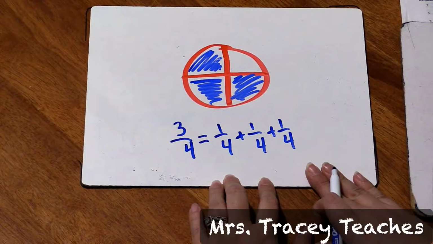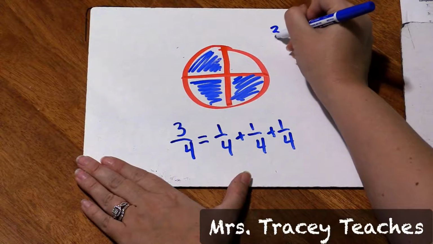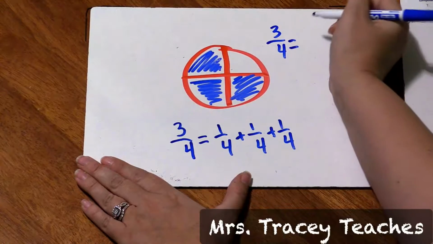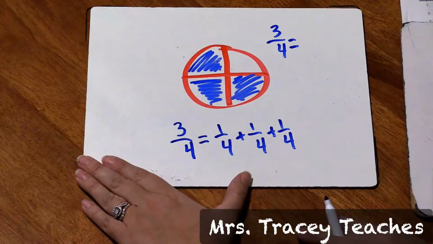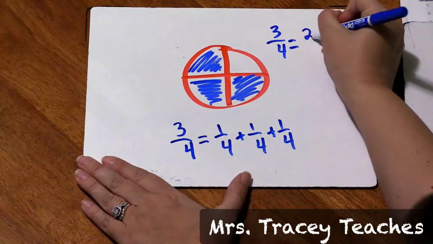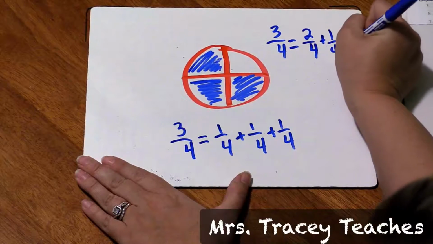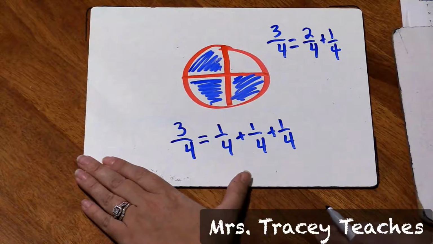But there are many other ways that we could also write the equation for this fraction. So we can also say 3/4 is equal to 2/4 plus 1/4, and you get 3/4.